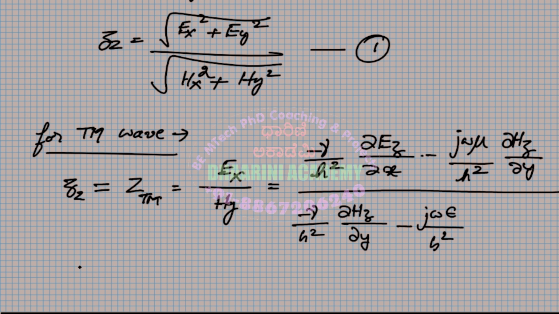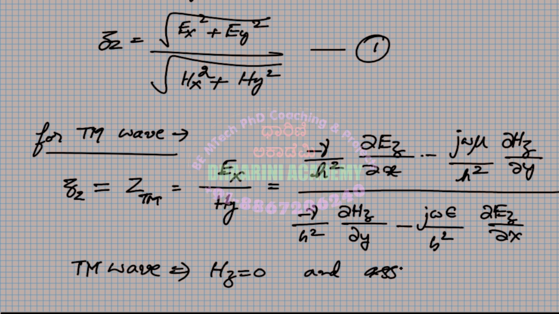Now as a TM wave, what is the condition you substitute? TM wave means I have to substitute Hz equal to 0. There is no magnetic field in the direction of propagation. Also I will make an assumption here, that gamma can be simply replaced by j beta.